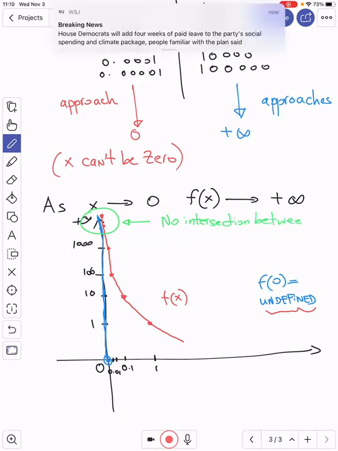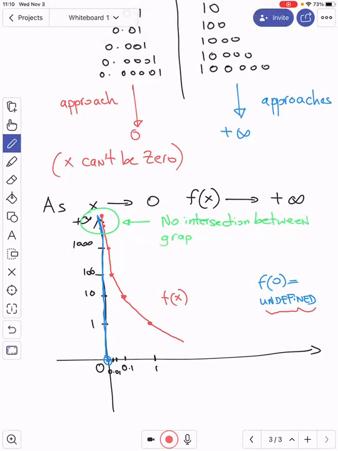So no intersection between the graph of f and the y-axis. But of course, you can get the graph of f as close as you want to the y-axis, but it never touches the y-axis.